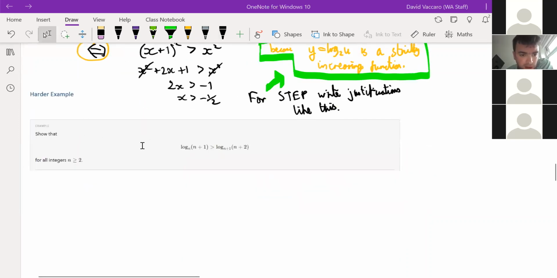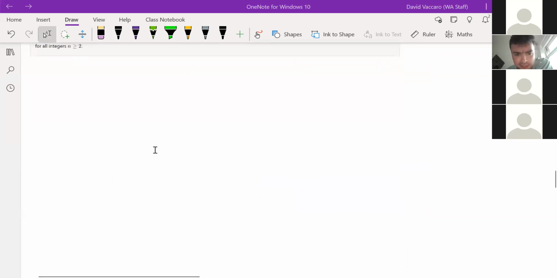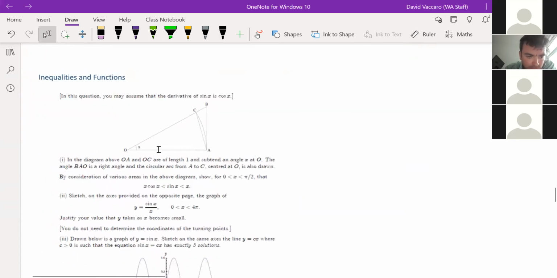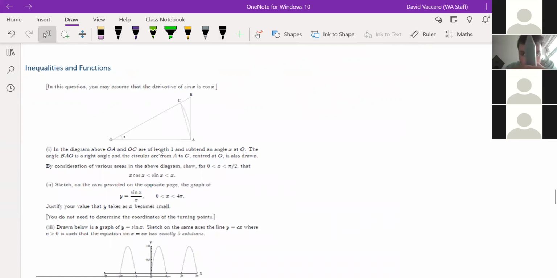So I'm going to leave this logarithm example, which is quite hard, and I'll come back to it later, because I do want to talk about this question. I just want to give a flavor of inequalities in the kind of context that they often come up in.